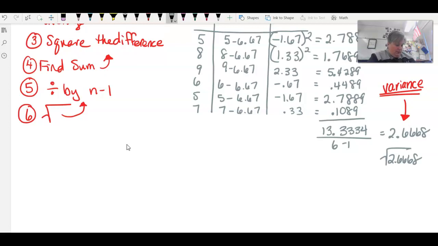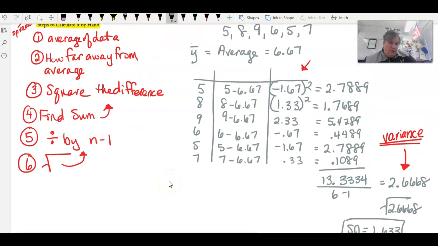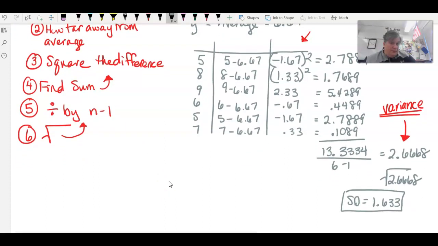So the square root of that, and I get my standard deviation of 1.633. That tells me that the average point from this list is 1.633 away from the mean, which was 6.67.